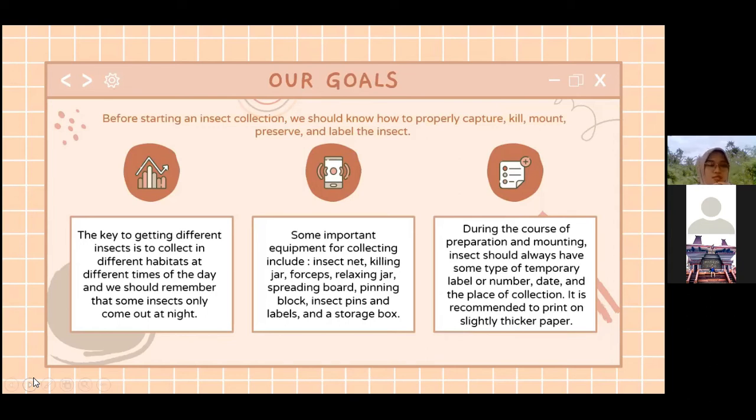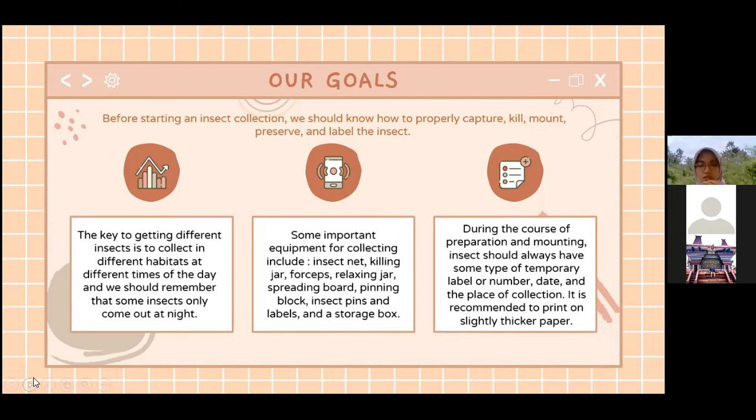The first thing is that the key to getting different insects is to collect in different habitats at different times of the day, and we should remember that some insects only come out at night. The second thing is some important equipment for collecting, including an insect net, killing jar, forceps, relaxing jar, spreading board, pinning block, insect pins and labels, and also a storage box.